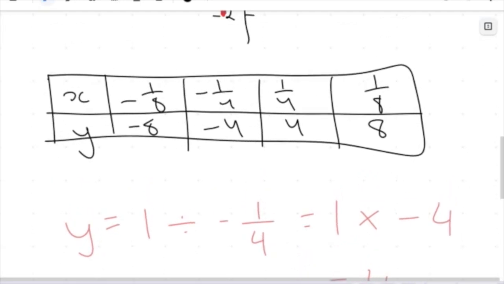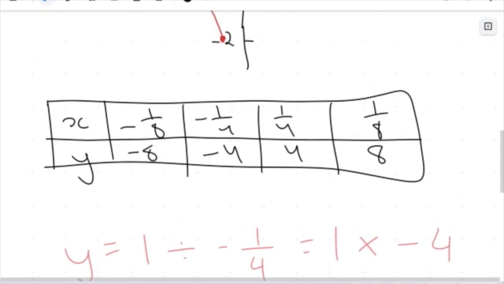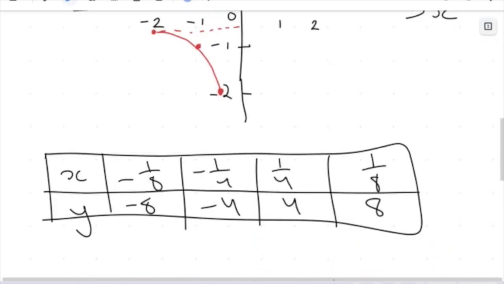And this is what's going to happen for the remainder of these values. So what do we notice here? As my fraction gets smaller, going, for example, from 1/4 to a smaller fraction, 1/8, my y value gets bigger.